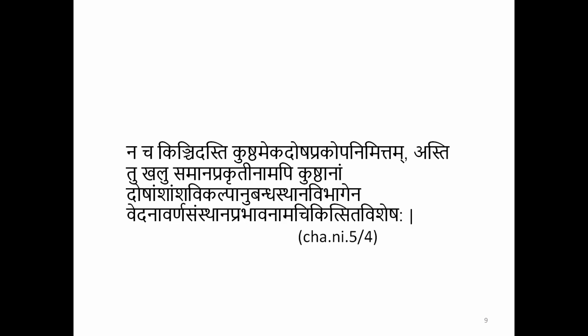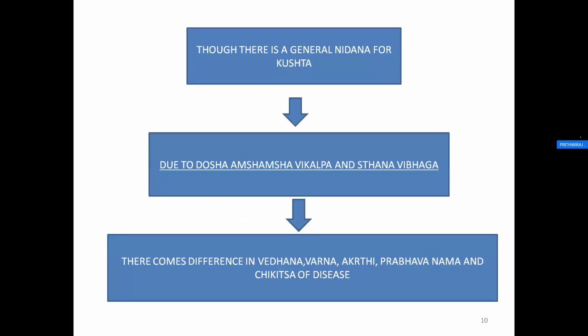Under each and every terminology, we can see some particular types of Vedana, some particular types of Varna, Samsthana. Along with that, the involvement of Dosha Vishesha, involvement of the Gunas, Dosha Gunas are explained under the subheading of terminologies. See, though there is a general Nidana for Kushta, due to Dosha, Amshamsha Vikalpa and Sthana Vibhaga, there comes difference in Vedana, Varna, Akriti, Prabhava, Nama and Chikitsa of diseases.